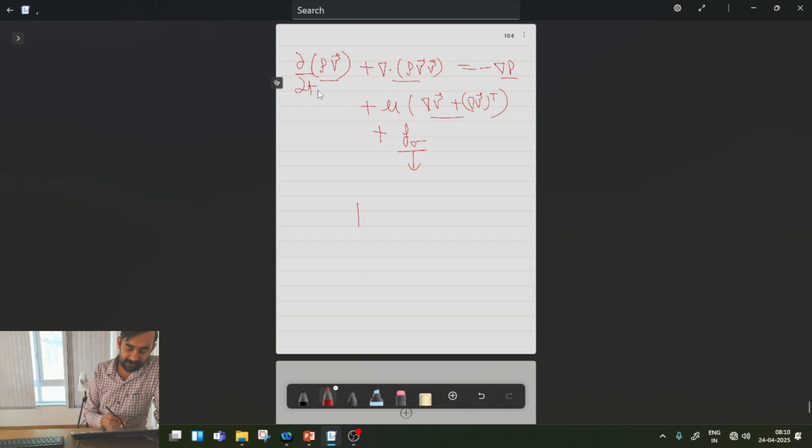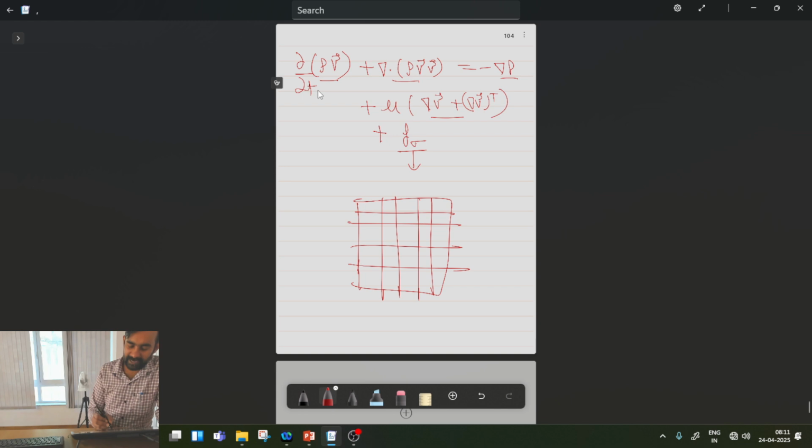Typically, if I take any two-dimensional grid, even though I have added F sigma as a volumetric term, used in discretization like integral of F sigma dV, if only these cells are occupying the interface, then surface tension force should only be accounted for in these cells. The surface tension force should not go to other cells of this grid, because there it will not be acting.